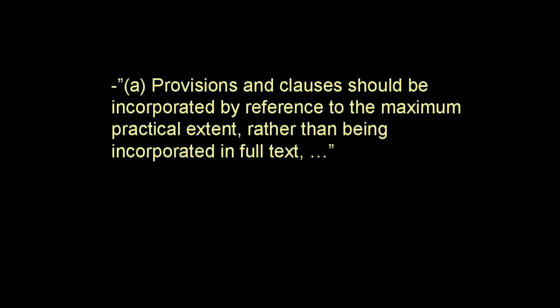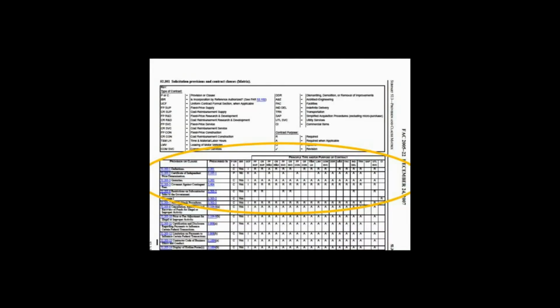This is done a lot, but I find that with the development of electronic solicitations, this is really not necessary and gives the bidder extra work, because when it's by reference only, the bidder has to get out there and look it up. So if you're doing an electronic type solicitation, in my mind, it's better to incorporate it in full text. I think this is left over from the days long ago before electronic solicitations.